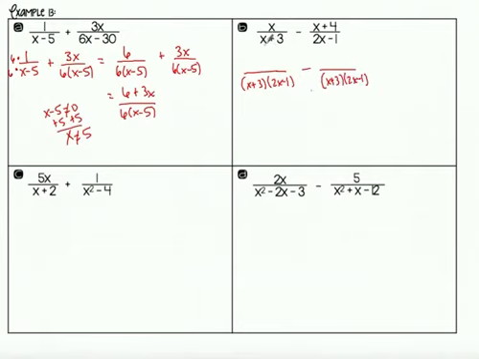So if this one started out as x plus 3, but then it becomes x plus 3 times 2x minus 1, I need to take this x and multiply it by 2x minus 1. If this denominator was 2x minus 1, but I need it to be x plus 3 times 2x minus 1, I need to take the top of this and multiply it by x plus 3.